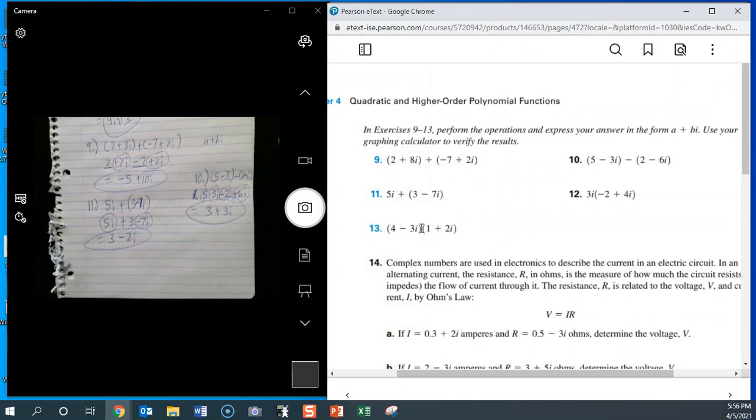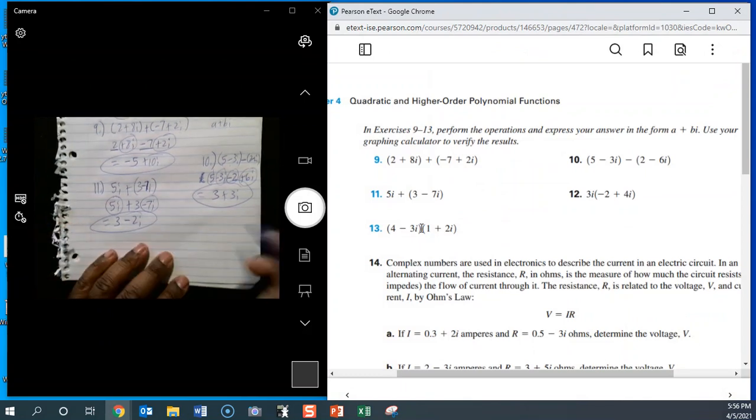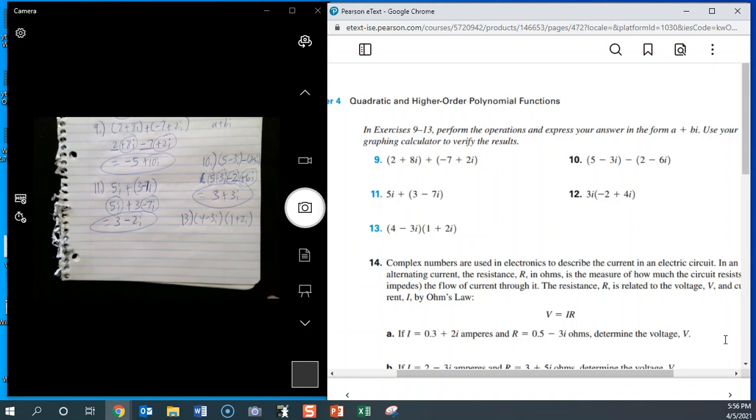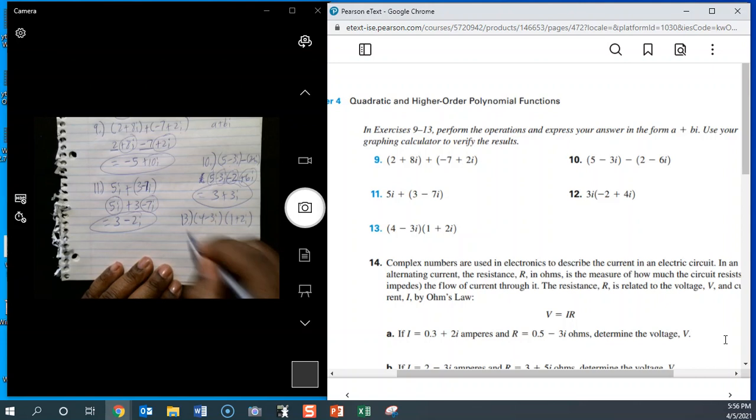Okay, so we're going to look at problem 13 now. And we have two parentheses here multiplying by each other. 4 minus 3i, 1 plus 2i. So now we will multiply like we did before with regular values that weren't i. So we would do the FOIL method or distributive property.